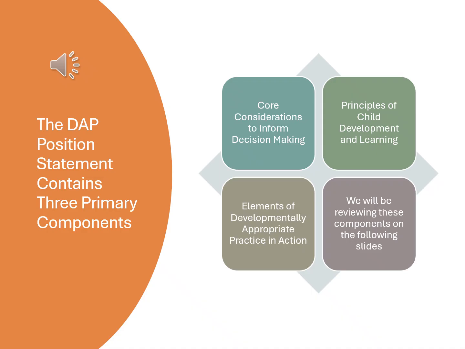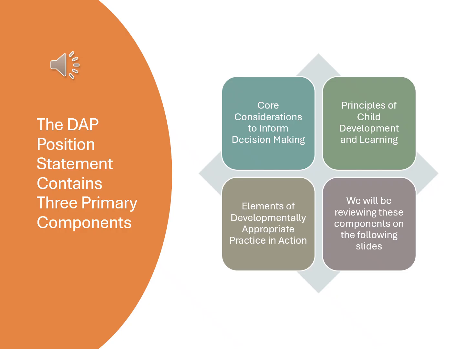The DAB document contains 3 primary components, and we're going to be going over these components on the next slide. So one is called Core Considerations to Inform Decision Making. That will be our first slide after this one. Then we're going to talk about Principles of Child Development and Learning, which is really about what developmental skills children have and how those should inform the work that we do with them.